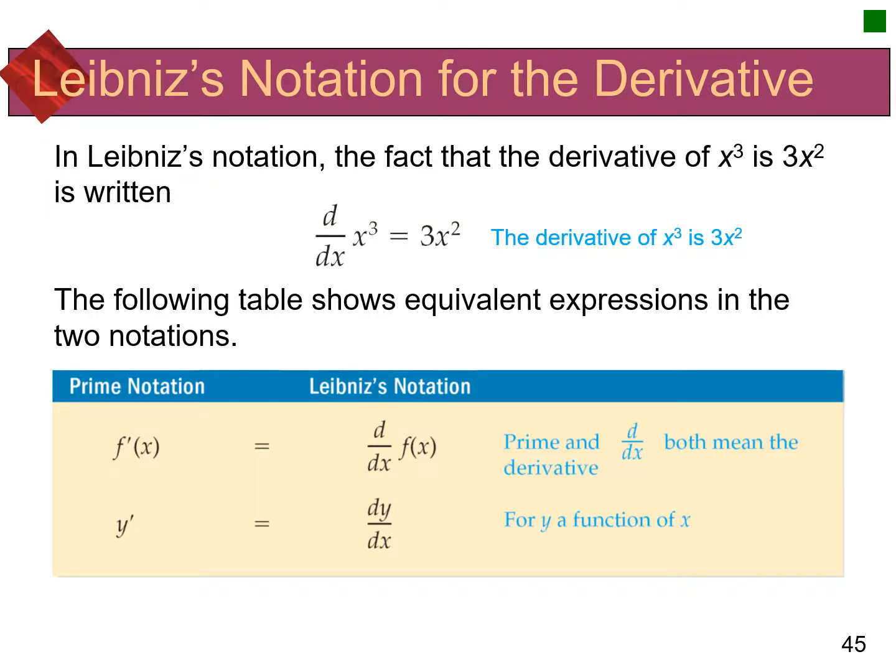So again, here's some of the notation. Sometimes you'll actually see y prime instead of f prime of x, same kind of thing, because oftentimes y is used to take the place of f of x, so y prime and f prime of x are the same thing as well. And as I mentioned, d dx are the same thing.